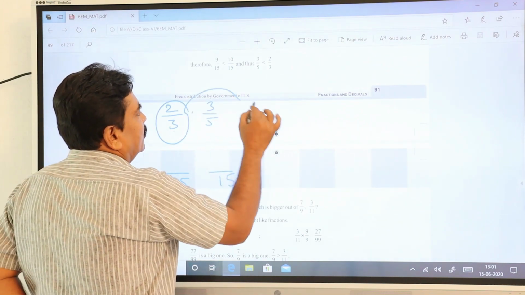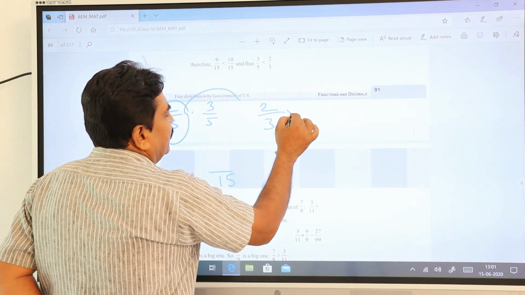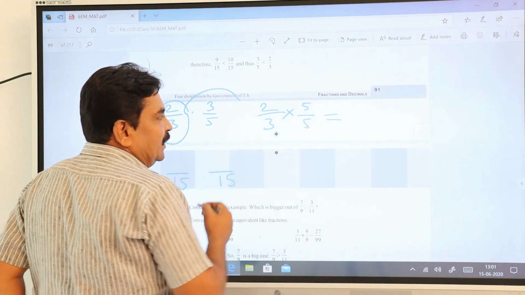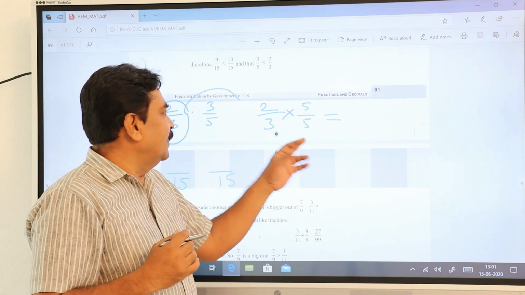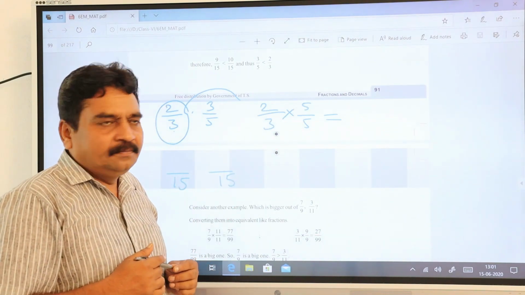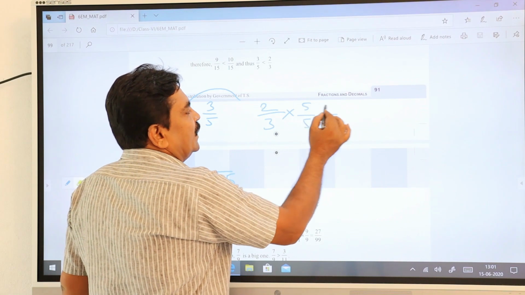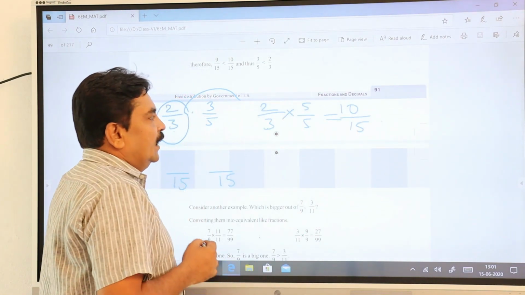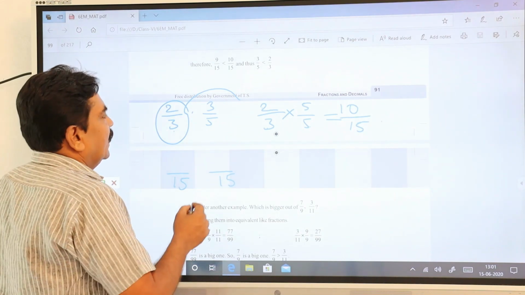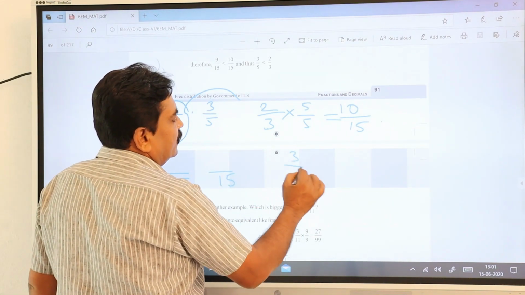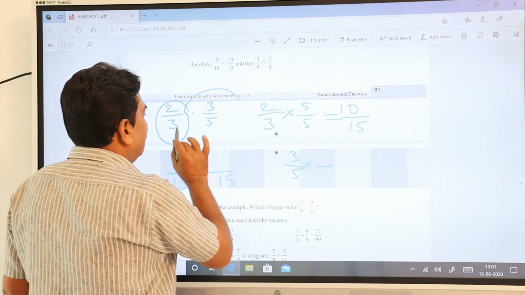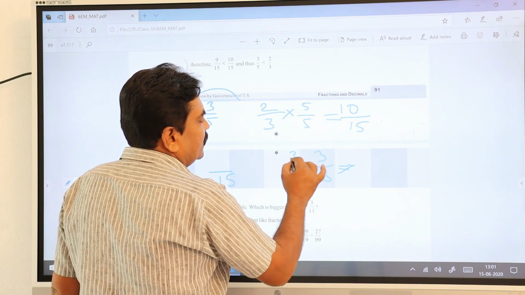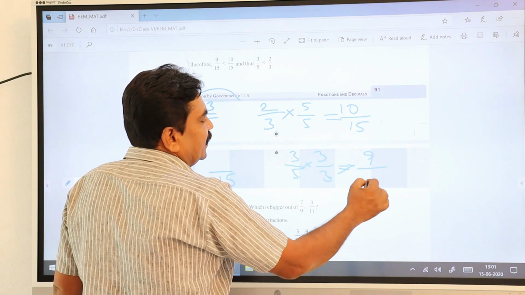I'll show it here. 2 by 3, when you multiply with 5 by 5, you have to multiply and divide with the same number. 2 5s are 10, by 3 5s are 15. And similarly 3 by 5, you multiply and divide by the denominator 3 here. So it becomes 3 3s are 9, 5 3s are 15.